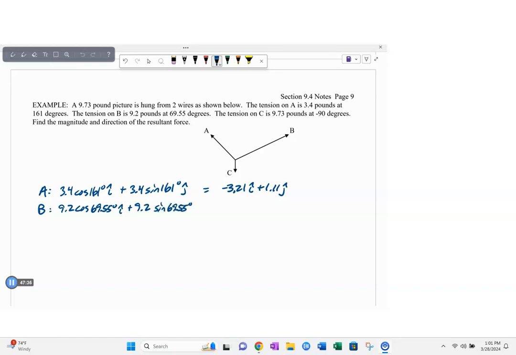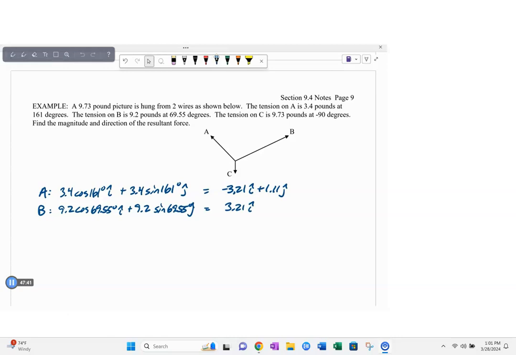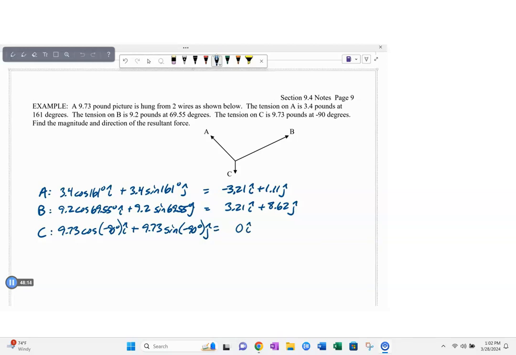So we got 3.21 i plus 8.62 j. Now let's do C. Tension on C is 9.73 pounds. Cosine negative 90 i. 9.73 pounds sine negative 90. So I got 0 i. Sine negative 90 is just negative 1, so I got minus 9.73 j.